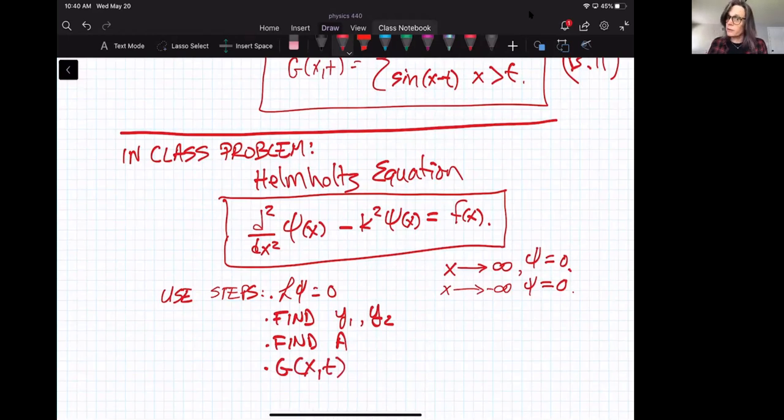These are a little bit different than what we've been doing so far in that the boundaries now are at infinity. So you're going to have one solution that matches the homogeneous equation at x equals minus infinity and one that matches it at x equals infinity. Thumbs up if you understand what you need to be doing-ish.